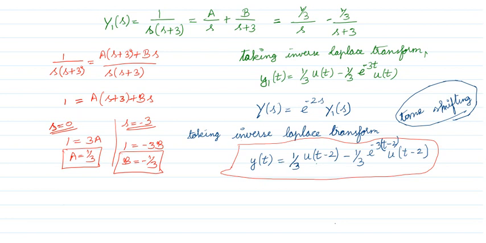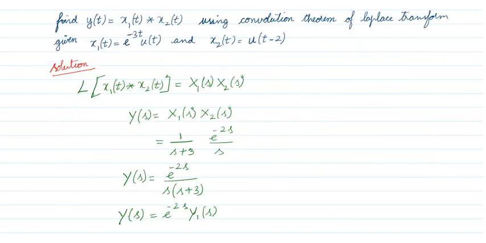If you are not using Laplace transform, what will you be using? You'll be using the convolution formula, right? y of t is equal to the integral of x1 of tau, x2 of t minus tau d tau, where tau goes from minus infinity to plus infinity.